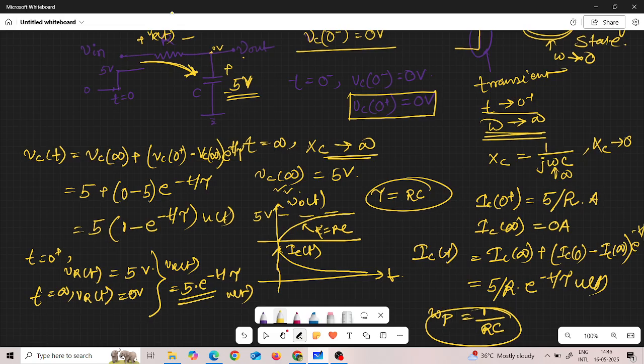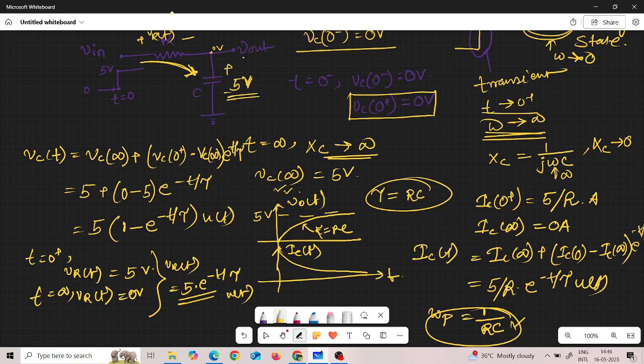To get a zero in the output, either we have to make R tend to infinity, which is not possible in this circuit, or we have to make C equal to 0, meaning the capacitive reactance goes to 0, which is possible at omega tending to infinity. So there is no zero in this circuit. Only one pole is present in this circuit.